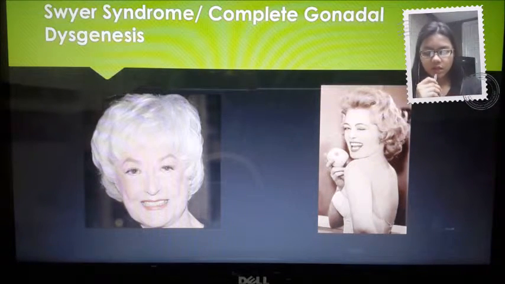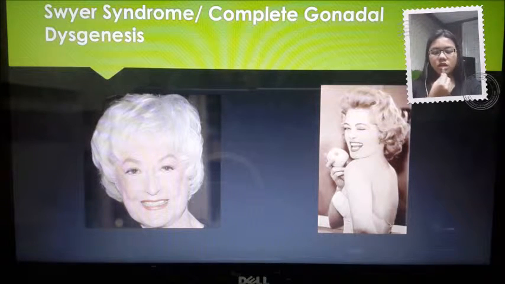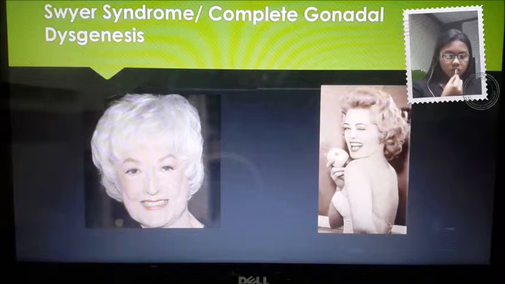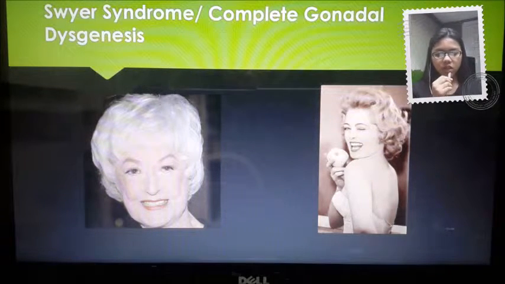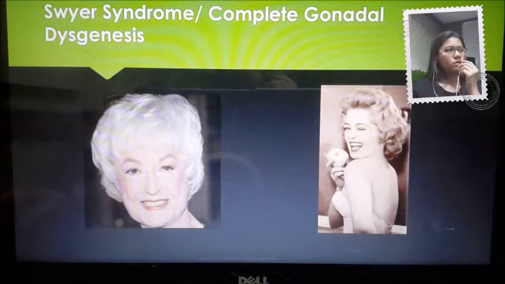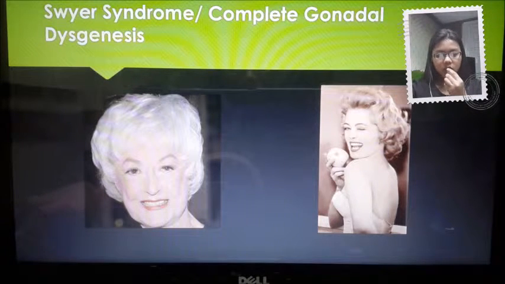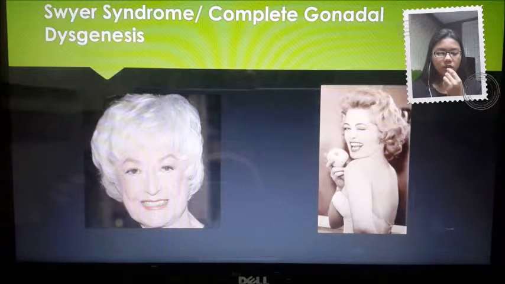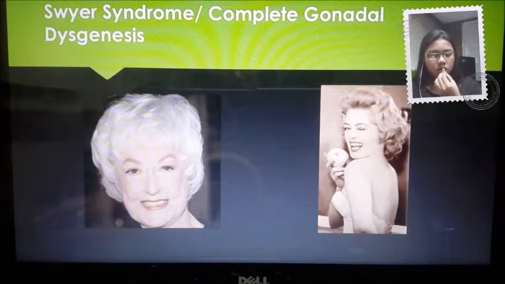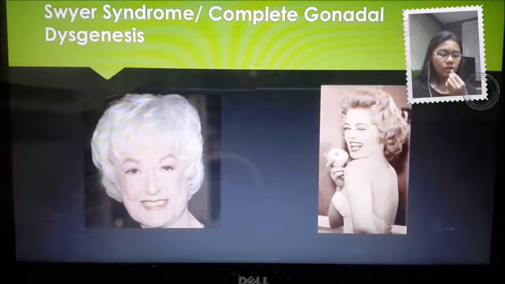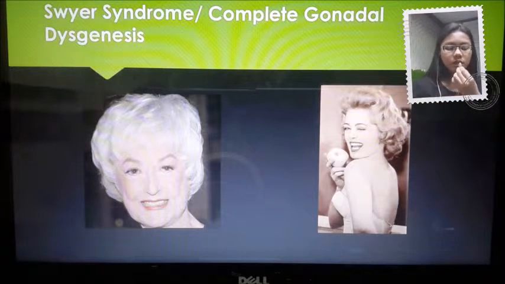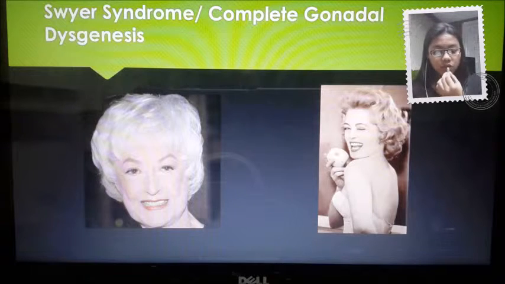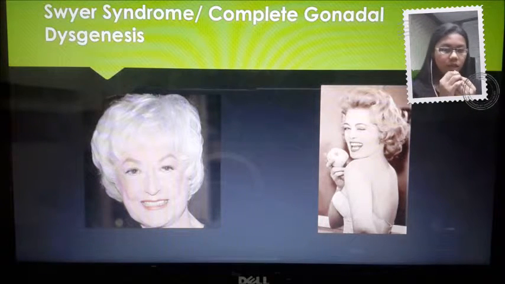The next is the SHOX gene, which is the short stature homeobox gene. This SHOX gene acts during early embryonic development to control the formation of many body structures. It is essential for the development of the skeleton. Also, it plays an important role in growth and maturation of bones in the arms and legs.